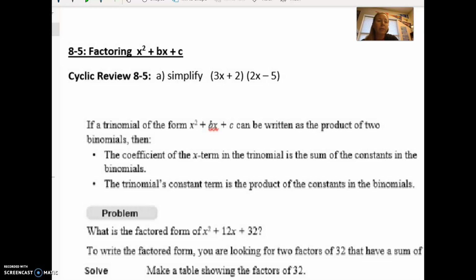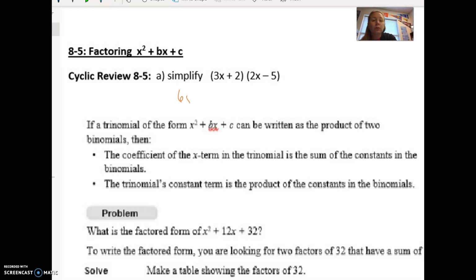In this problem, I'm going to use FOIL. So I would do first, outer, inner, last. You don't have to do it that way. That's just my preference. And we'll do that real quick here.